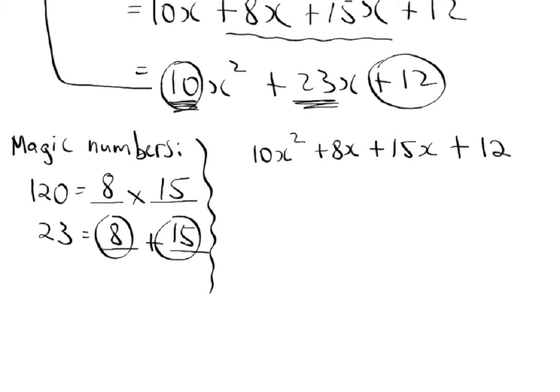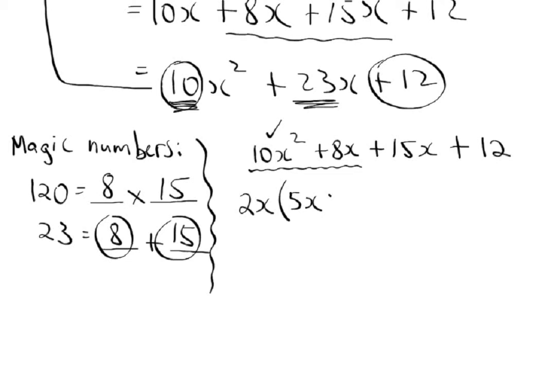I could have written the plus 15x first and then the plus 8x. It really doesn't matter. So I use my magic numbers, I break up the middle term, and then I take out the greatest common factor of the first two terms. Now that greatest common factor looks to be 2x. And then if I factor it out, 2x times 5x gives us our 10x squared.